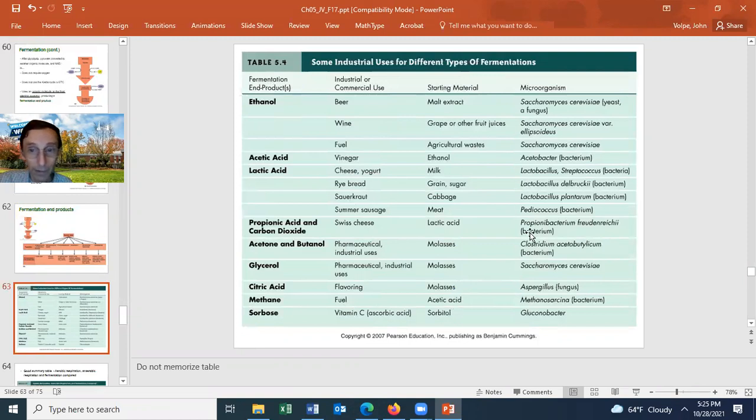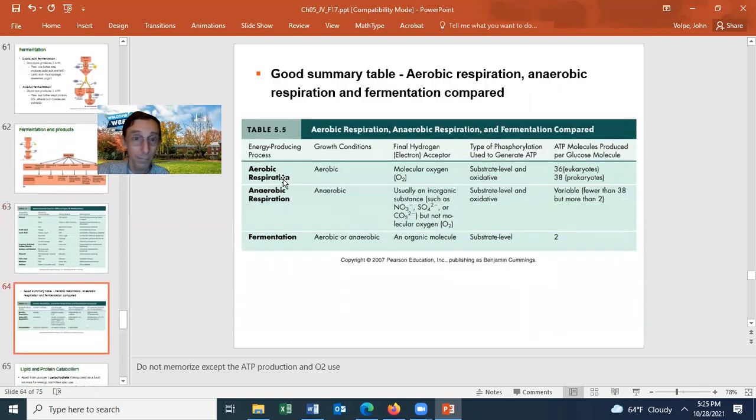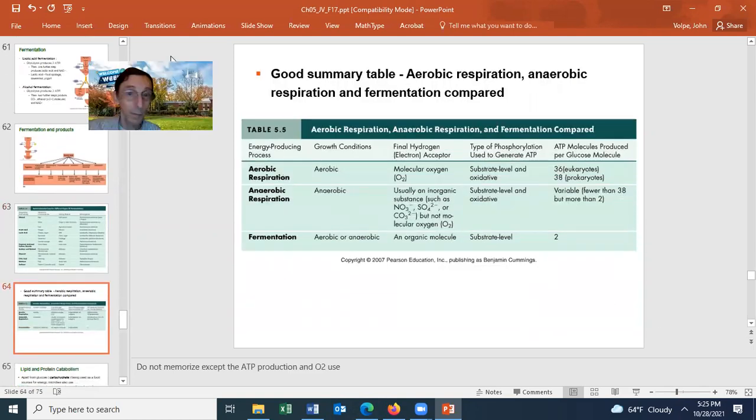And if you really want to know the microorganism that is used to make that fermentation end product, the only one I know is Saccharomyces cerevisiae, that we call yeast or bread yeast, is used to make ethanol. All right, any questions about fermentation? I don't hear anything, so I'm going to move on.